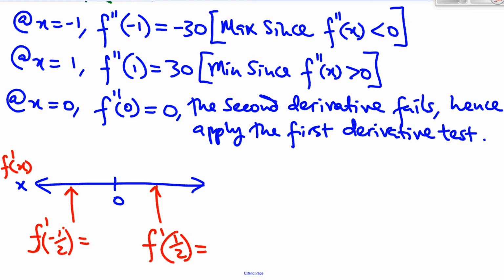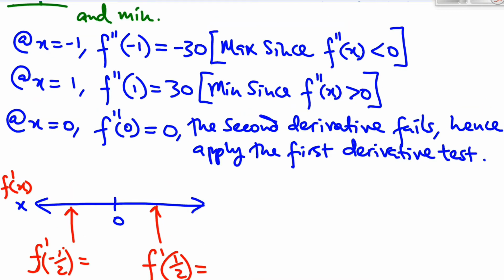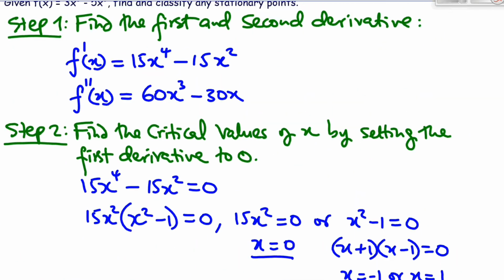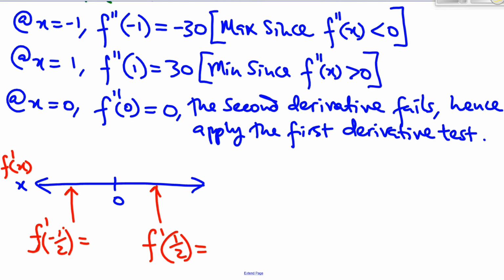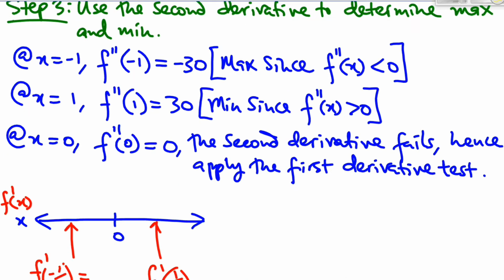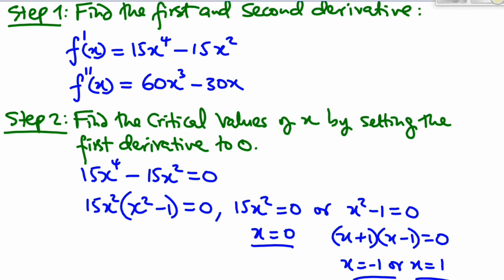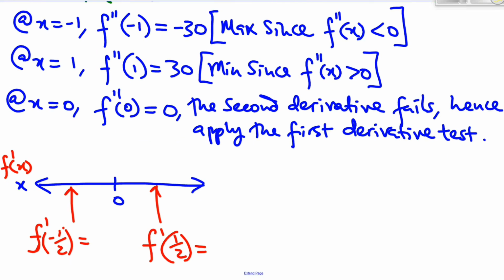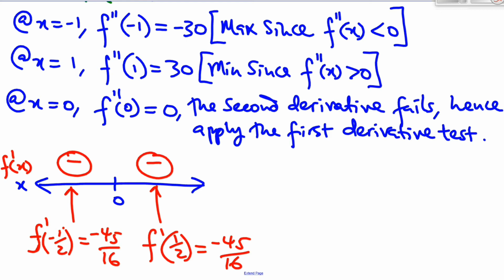Okay, so if you plug negative a half into the first derivative, you'll end up with negative 45 over 16. You can use your calculator for this. And this will be negative 45 over 16 as well. These signs are negative and negative.